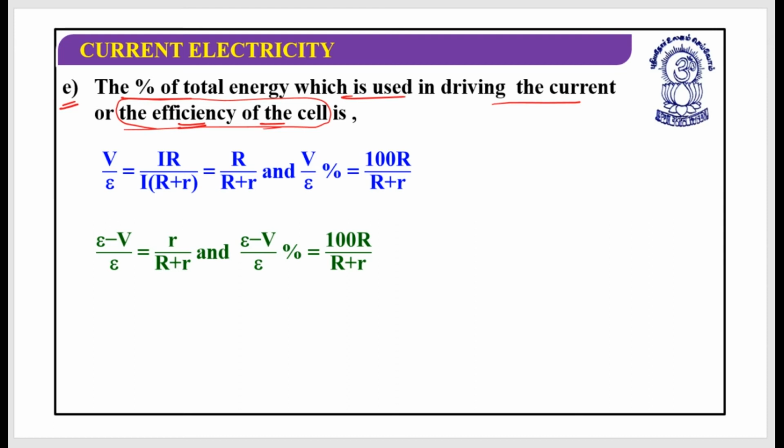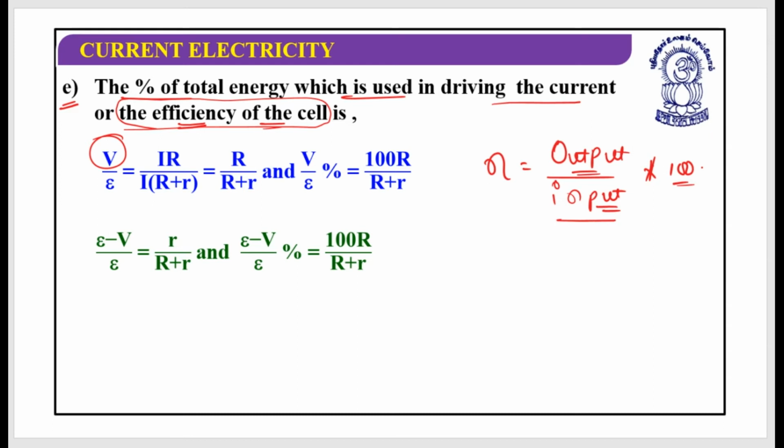When I say efficiency, what we are always interested in is the output divided by input. If you require it in percentage, it would be eta multiplied by 100. So what we get as output is the terminal voltage.